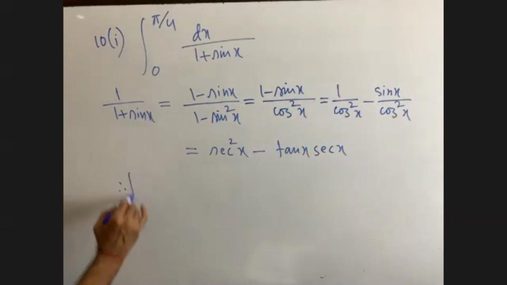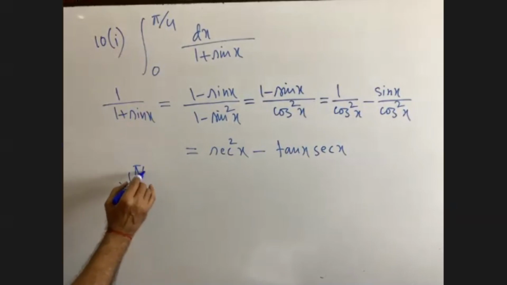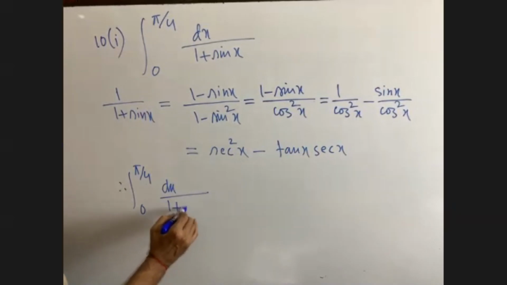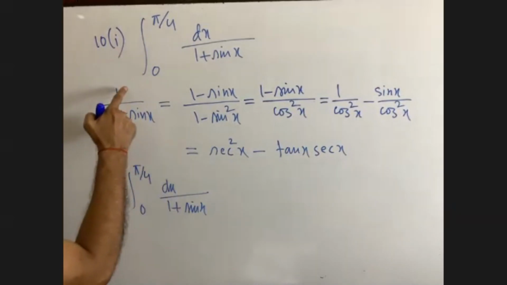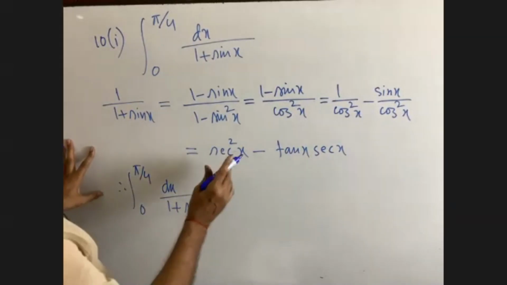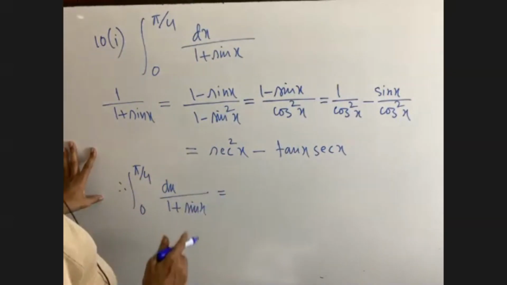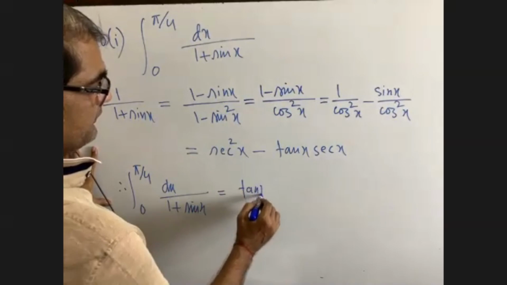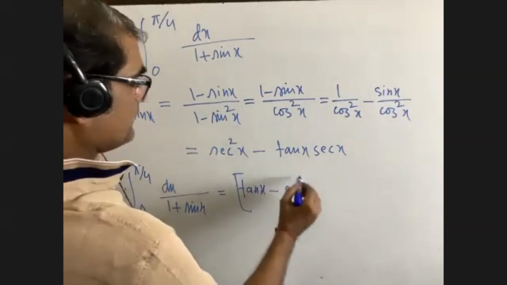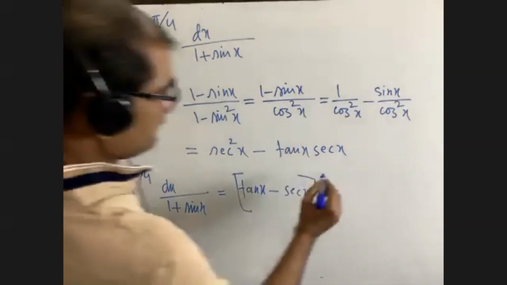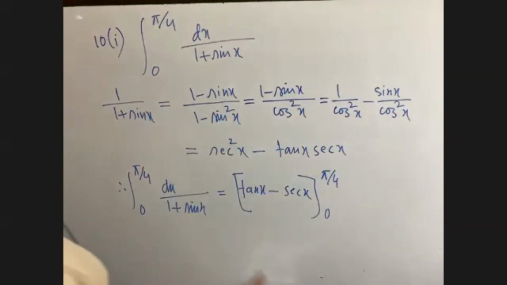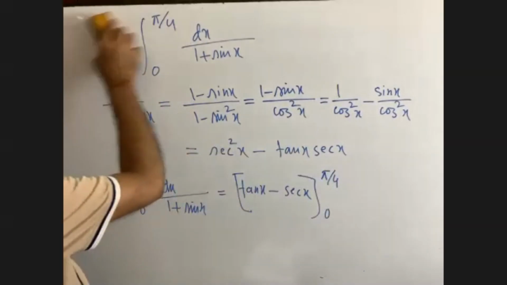Therefore, the integral from 0 to pi by 4 of dx by 1 plus sin x is equal to, you have to integrate this, sec square x equals tan x, minus sec x, from 0 to pi by 4. Now it is your turn to do it.